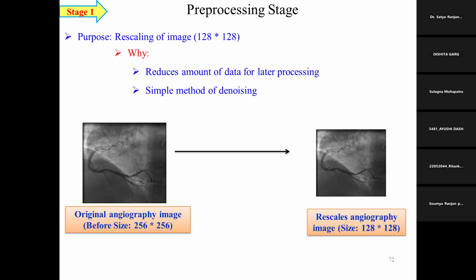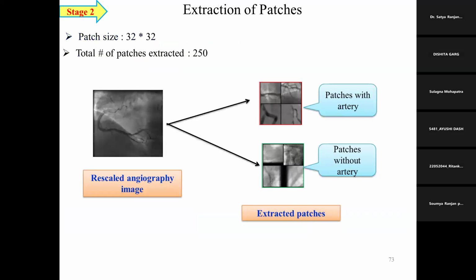The surrounding area contains some background noise. If they reduce the size, this background part is deleted, like the small background arteries. So they use the rescaling method.